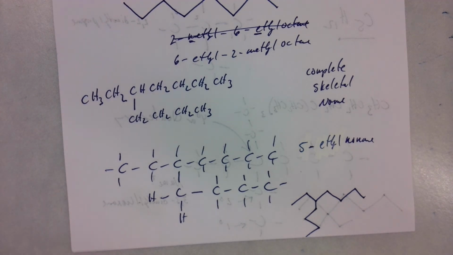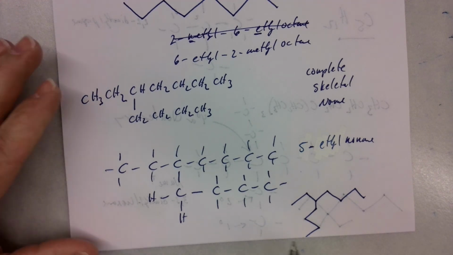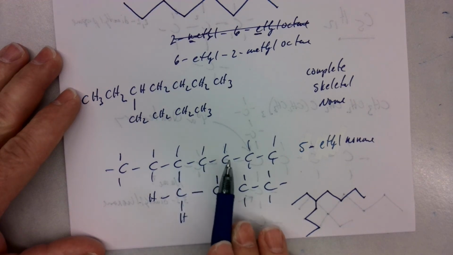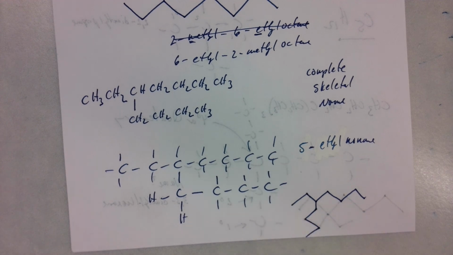It's not about where they're at. It's about, I'm going to count the longest carbon chain. Well, the longest carbon chain is 1, 2, 3, 4, 5, 6, 7, 8, 9. Doesn't matter the direction, does it? Now do you see why I did this?